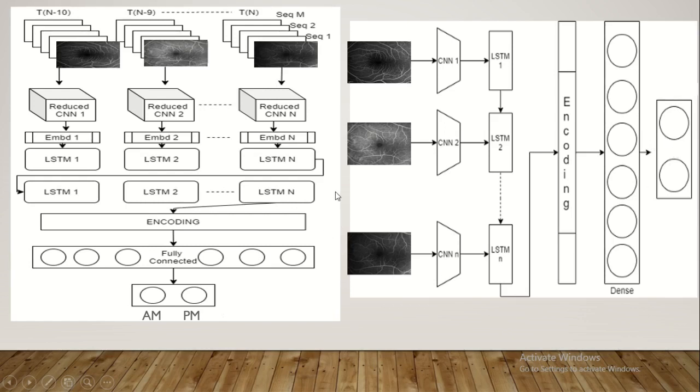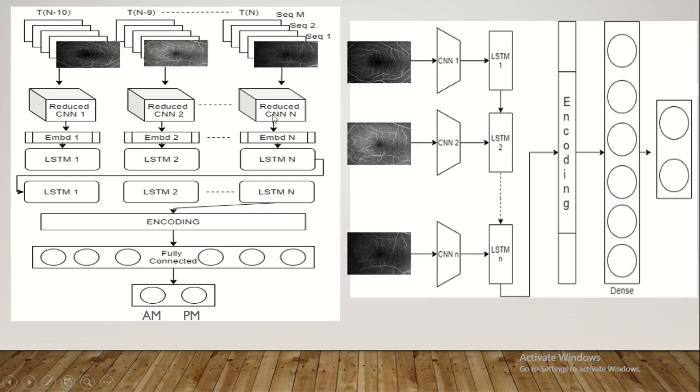A similar architecture is given here also. We have a sequence of data at various timestamps taken as input. Not a single image is taken as input, but images at 2.5, 3.5, 4.5, 5.5 minutes, a group of timestamp images taken as a single input.